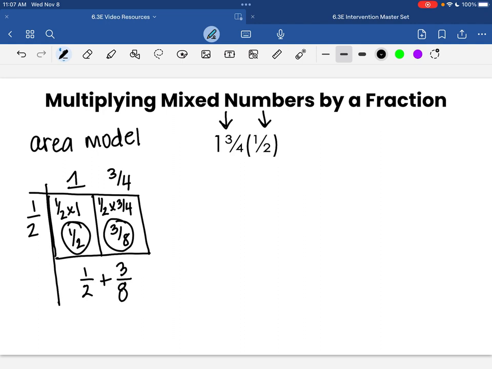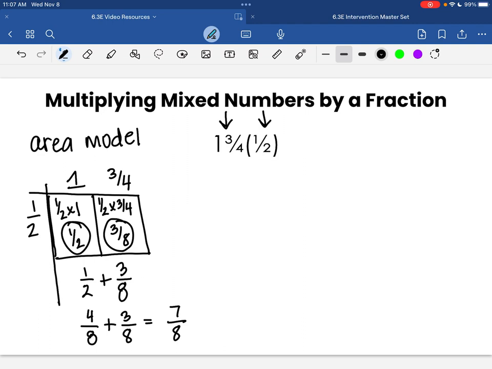And since 1/2 is really friendly, I can rewrite that as 4/8. So I'm adding 4/8 plus 3/8 to get a total of 7/8. So 1 and 3/4 times 1/2 is 7/8.